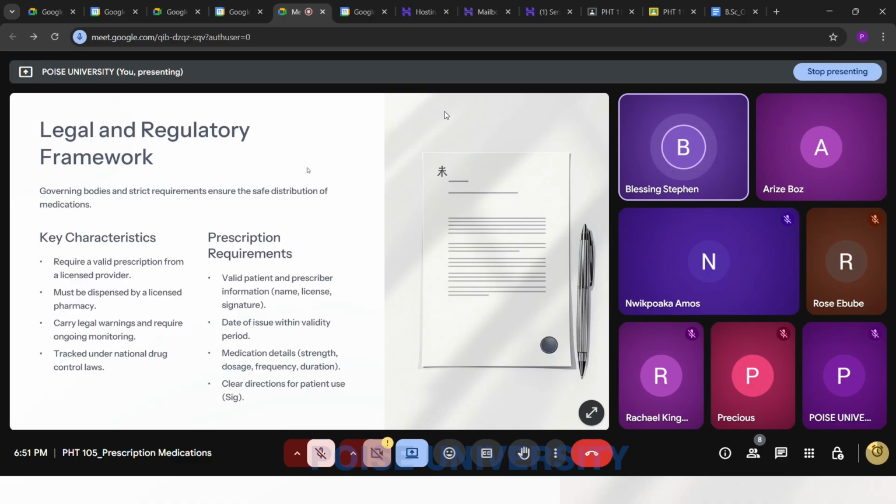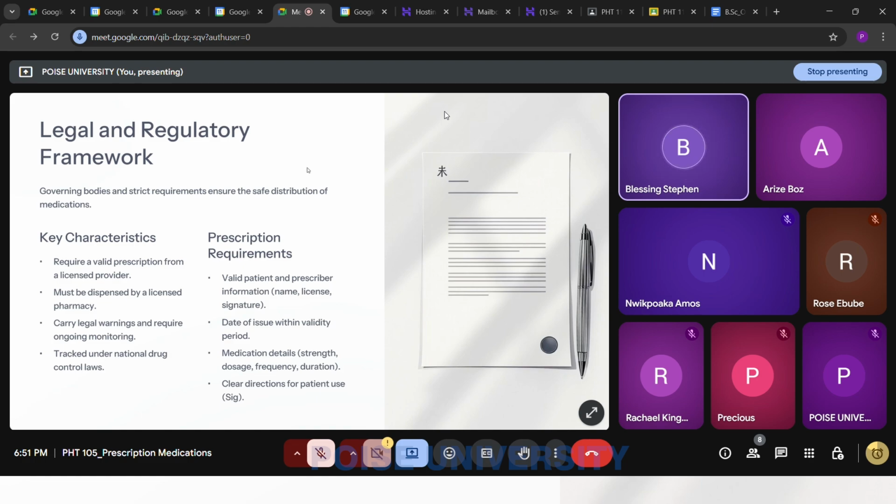I had also mentioned public health control. And Iris gave us a brilliant example of what could constitute a public health issue, the abuse of codeine and tramadol, and that led to a policy decision for it to move from over the counter to prescription only medications or even controlled drugs.